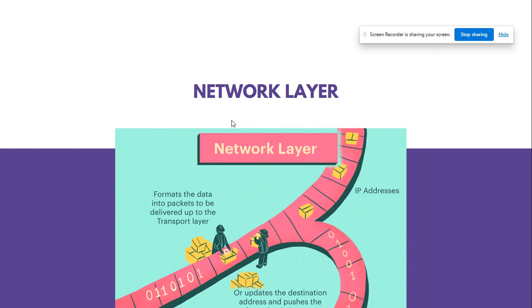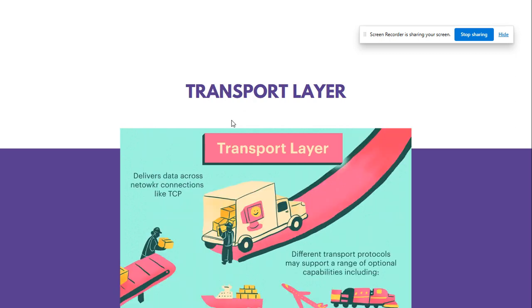For example, when you send an email, the network layer is responsible for determining the best route for your email message to reach the destination server. It uses the Internet Protocol to route the data packets across the different networks until they reach the recipient email server.